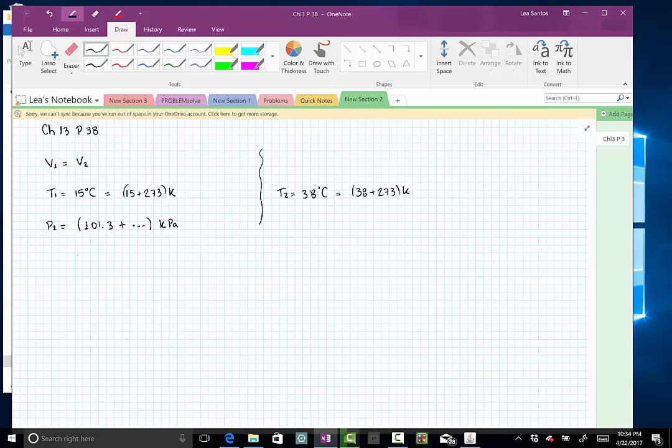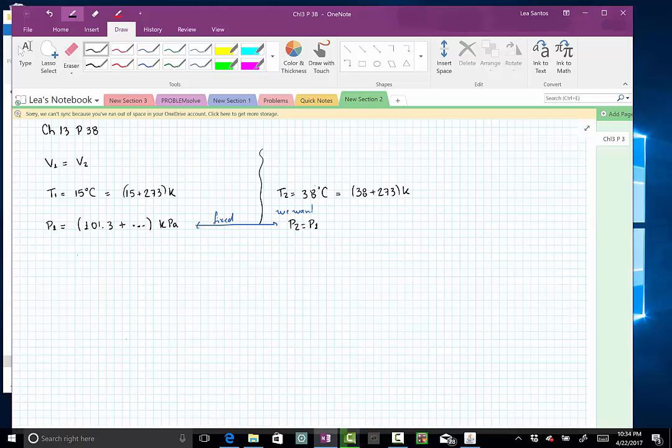The pressure will increase, but what are we going to do? We want the pressure to be kept fixed. So we want the pressure P2 to be equal to P1. How can we get that? If the temperature increases and the volume is constant, how can we possibly have the same pressure?